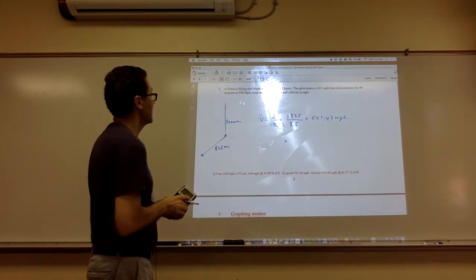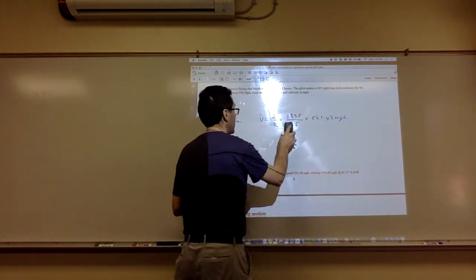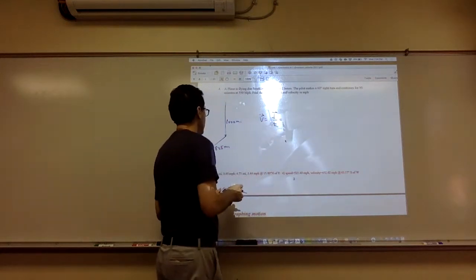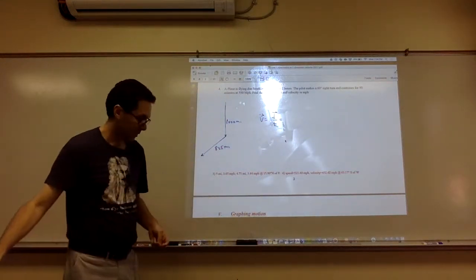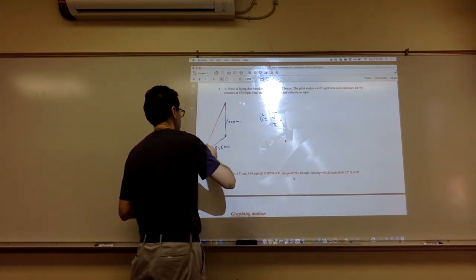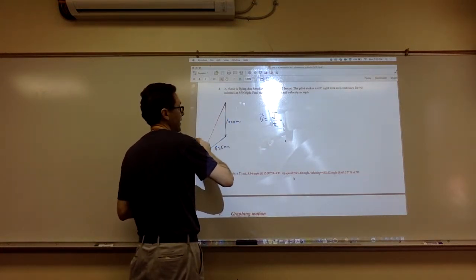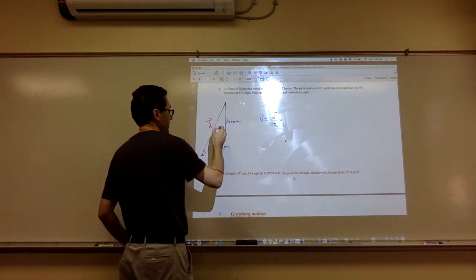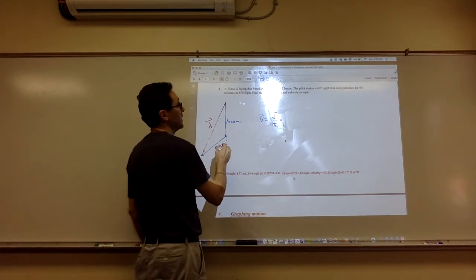Now I'm going to try to find the velocity. Now the velocity is displacement over time. So now the displacement is basically the direct line that connects the very first starting point to the very last destination. So this is the displacement vector. So how do I figure that out? Not a big deal.